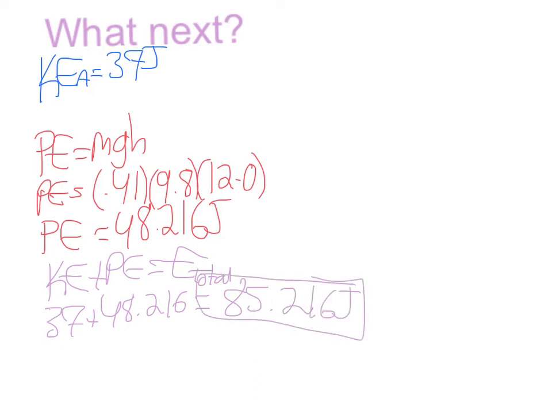So now that we found the total energy, we can use that to calculate the kinetic energy at point B. Since the total amount of energy is going to be conserved, we need to find the potential energy at point B, and then we can solve for the kinetic energy since we have the total energy. So in order to find the potential energy at point B, we're going to do the same thing we did for point A, and the only thing that changes is the height because the block stays the same weight and the force of gravity is always going to be 9.8.